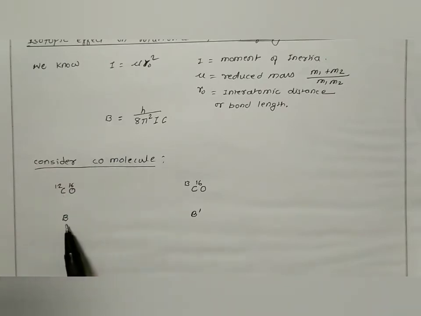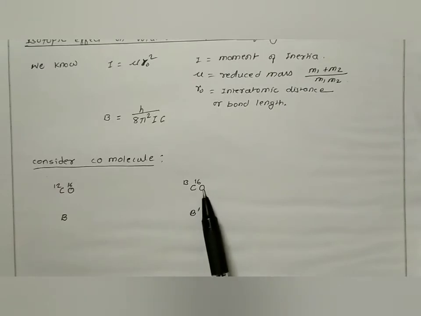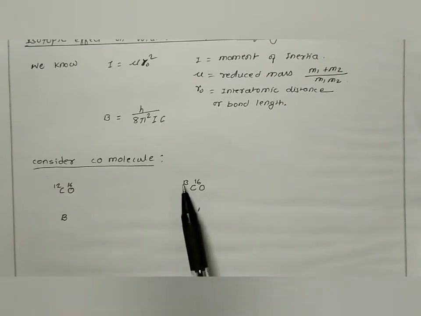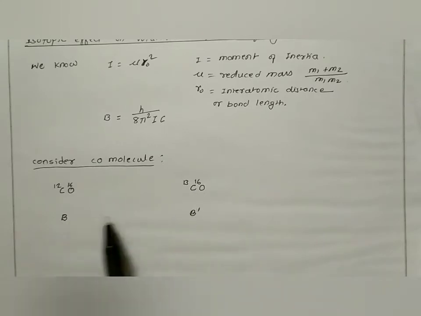Now if capital B is the rotational constant for a carbon monoxide molecule having carbon 12, and B dash is the rotational constant for a carbon monoxide molecule having carbon 13, it is found that when we compare these two values, B is greater than B dash.